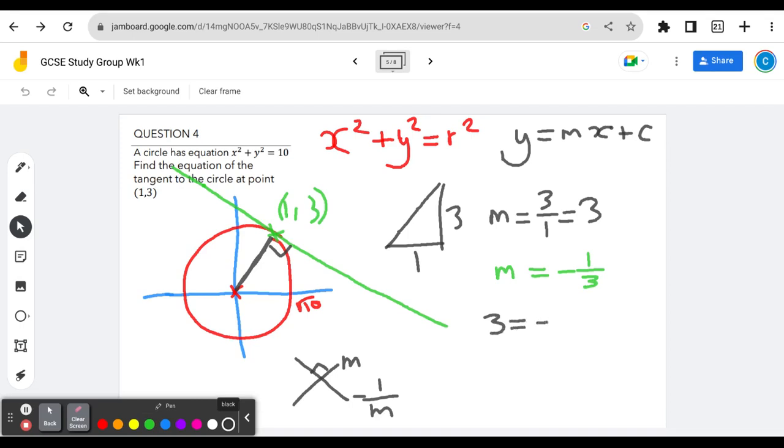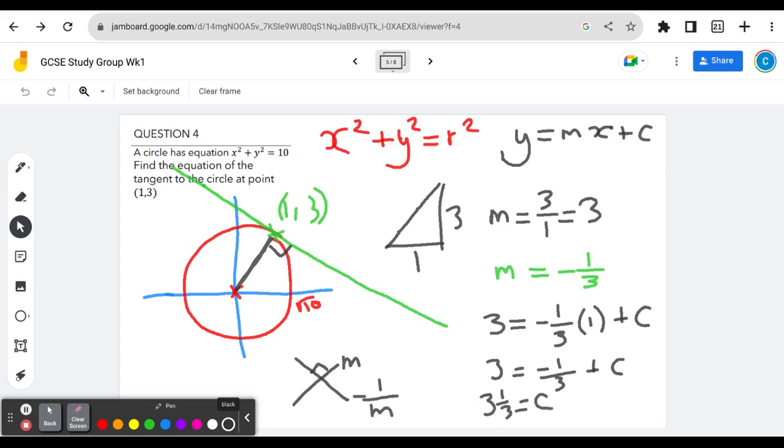The gradient is negative 1/3. x is 1. And then we're trying to solve for c. So I've got 3 equals 1 times negative 1/3 plus c. So what I'm going to do is add on the third. So I actually get 3 1/3 equals c. I can change that to 10 over 3 in a minute if I want.